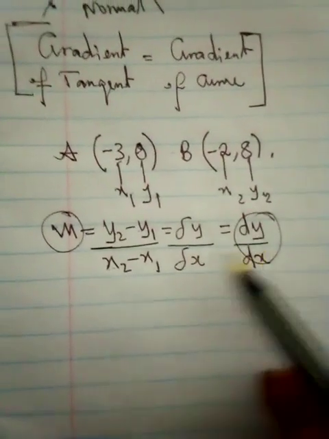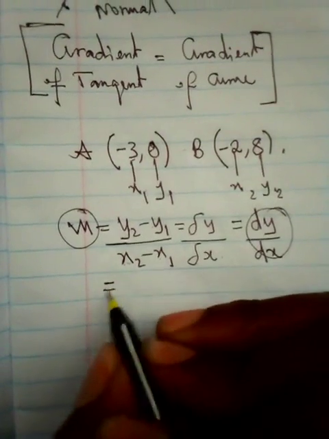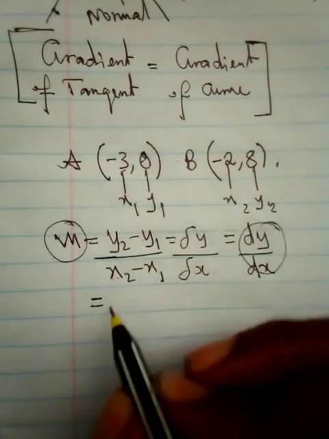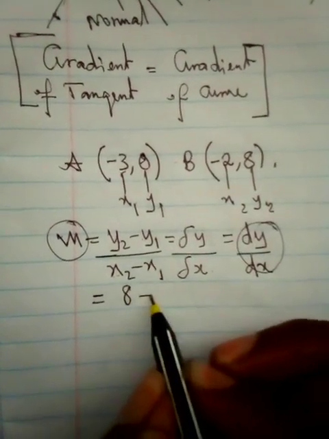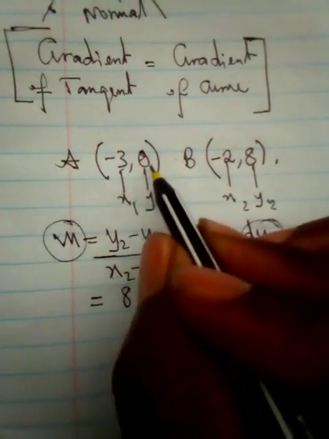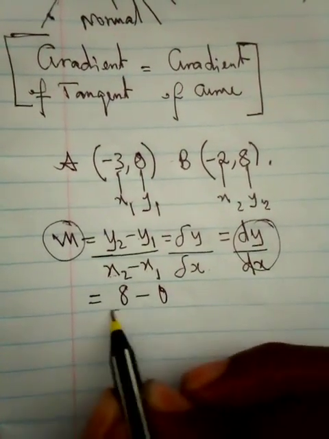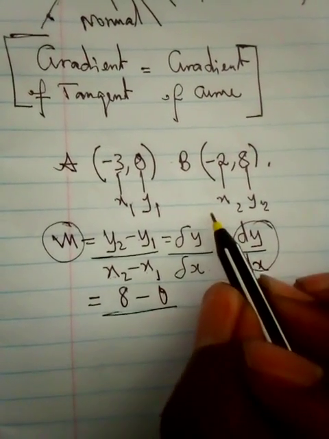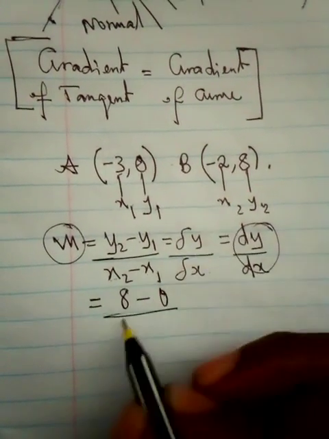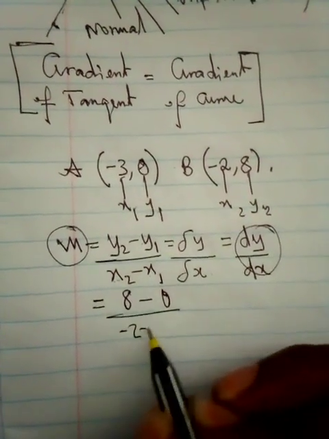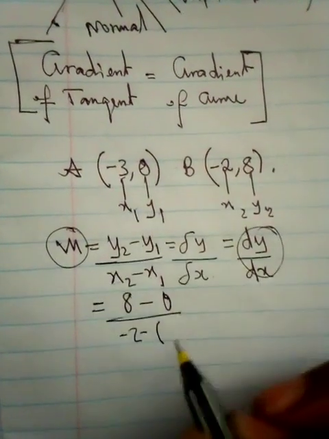Dy/dx is an expression for the gradient. But again, our y2 is 8 minus our y1, which is 0, over our x2, which is negative 2, minus our x1, which is negative 3.